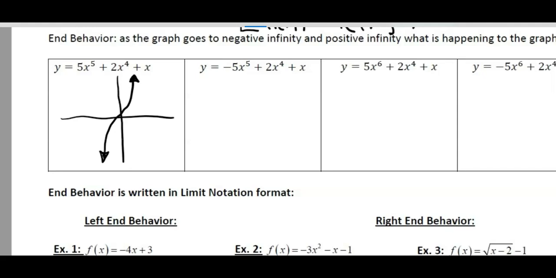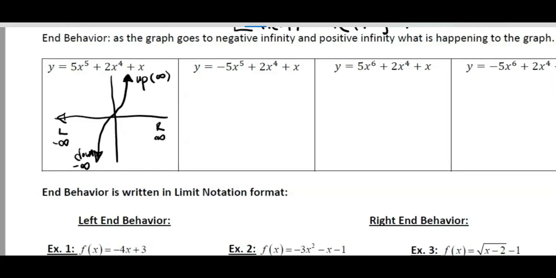And so as we move to the left, or towards negative infinity, it goes down. So in y, we can say that it goes down towards negative infinity also. As we move towards the right, or towards positive infinity, we see that it's going up. And so we can also say that that's moving towards positive infinity, the y values.